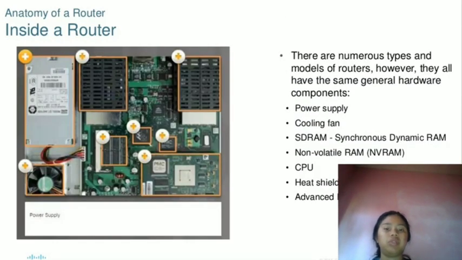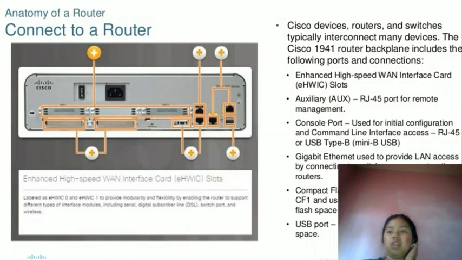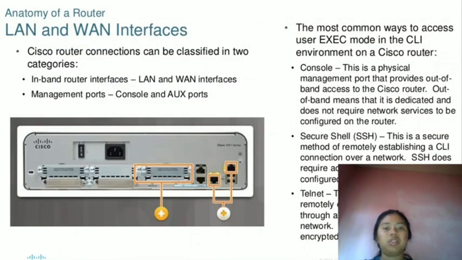Inside of a router: power supply, cooling fan, SD-RAM, non-volatile RAM, CPU, heat shields, and advanced integration module. Connect to a router: enhanced high-speed WAN interface card, auxiliary port, console port, gigabit Ethernet, compact flash slots, USB port.